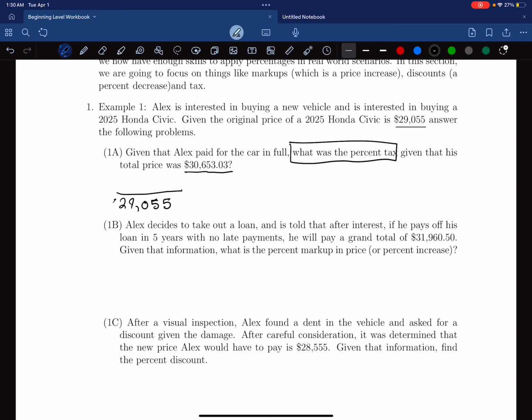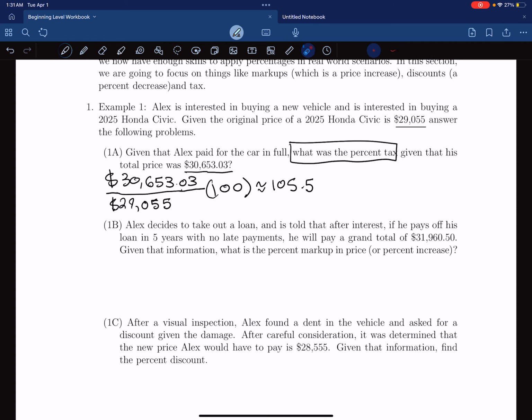Our new value is $30,653.03, and we're going to put that in the numerator. Then, as we've seen in previous sections, we multiply this fraction by 100 to get our percentage. If you do all that work, you're going to get approximately 105.5.